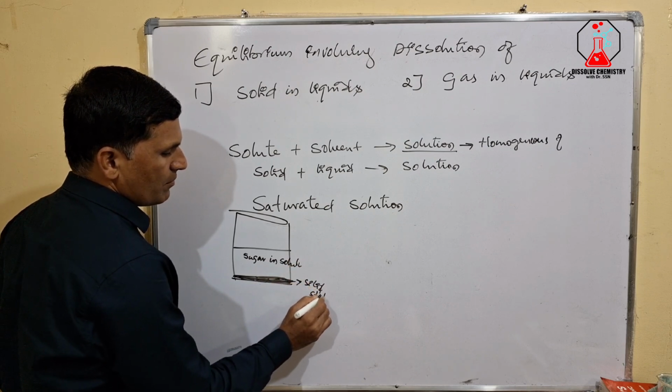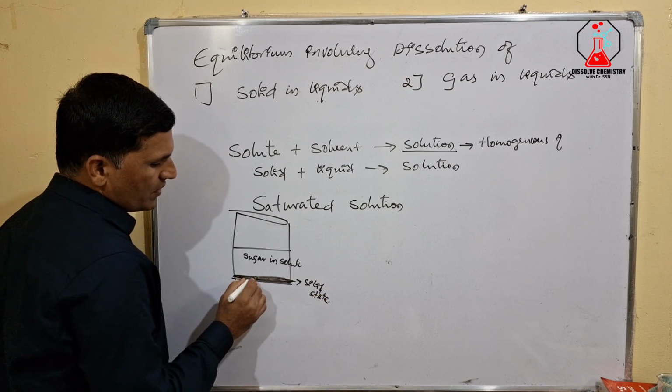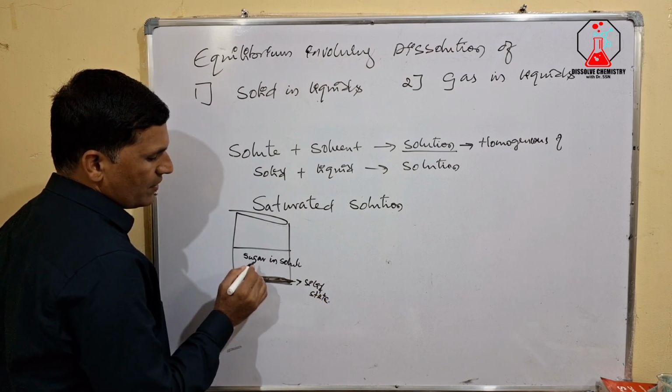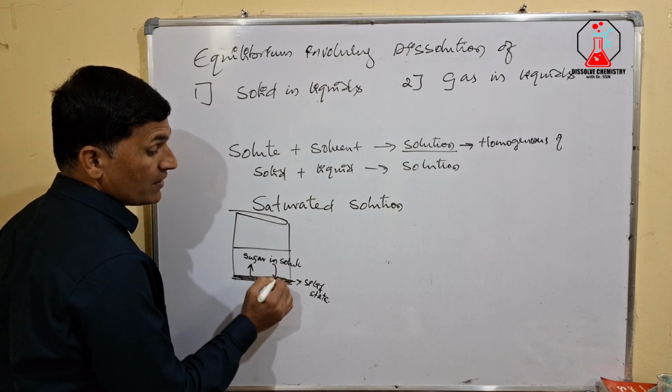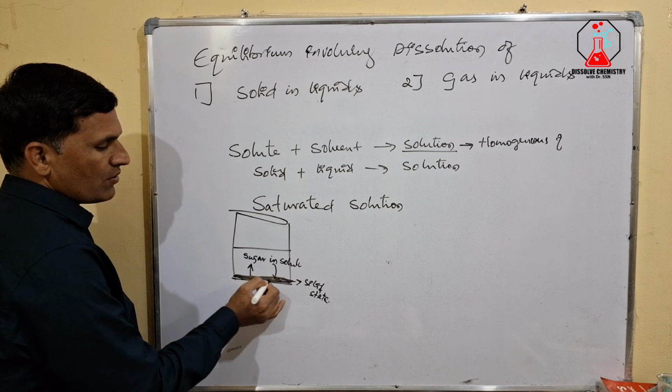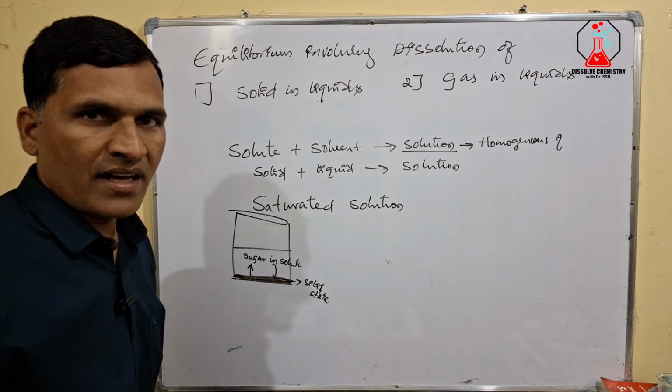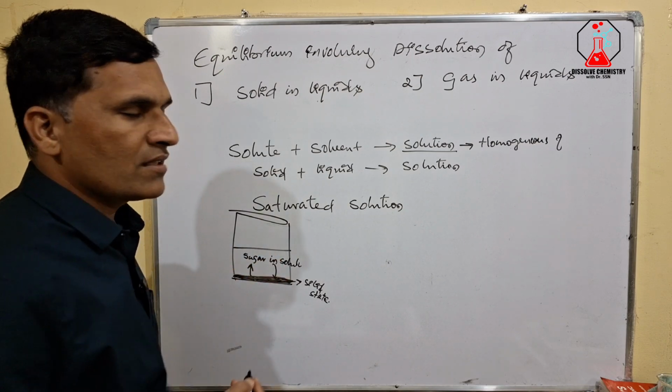Okay, so now what happens, some of the sugar molecules will enter into the solution phase and some of the sugar molecules from the solution phase will start recrystallizing and depositing in the solid phase.